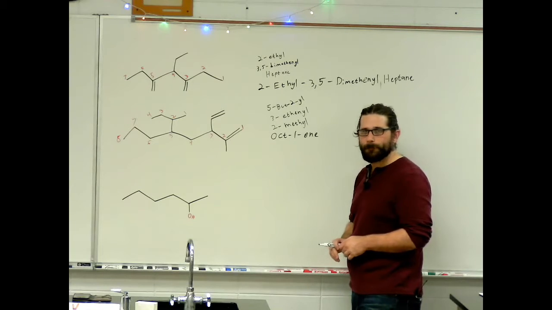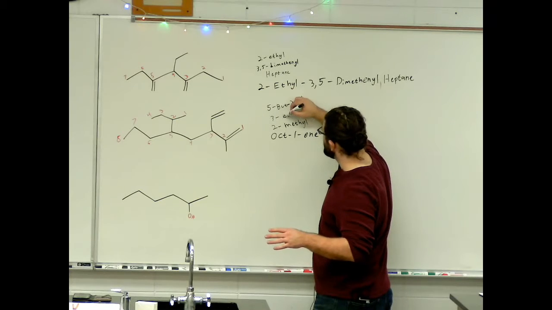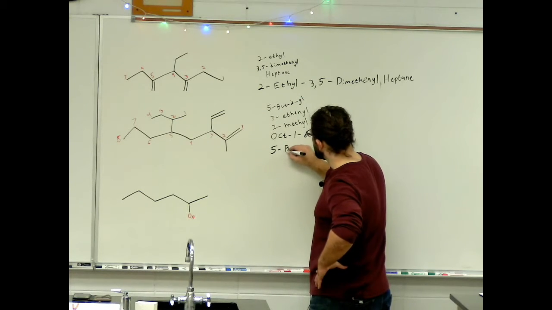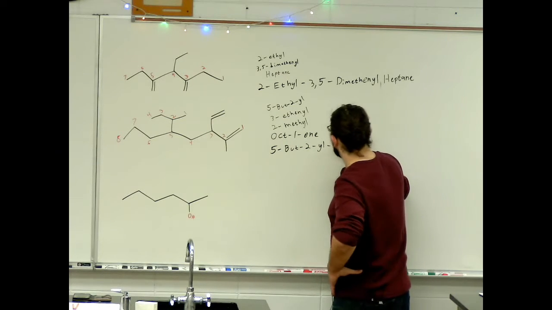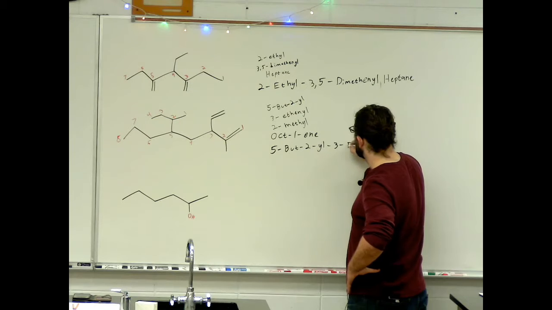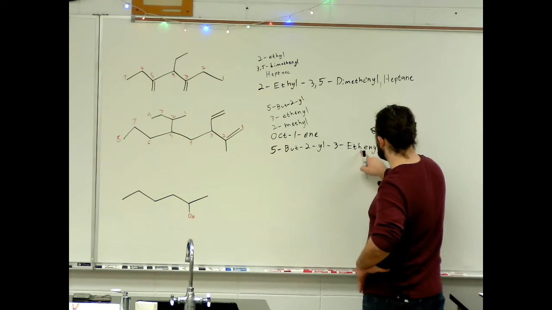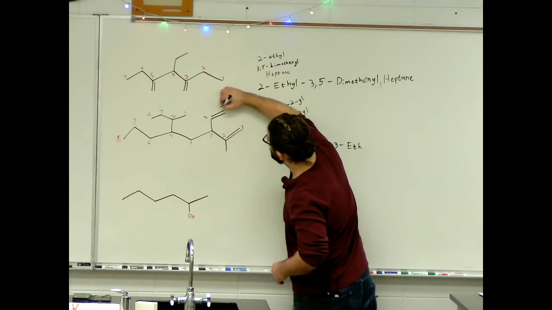Okay? So this, if I put everything in alphabetical order, B before E before M, I've got a 5-but-2-il, 3-eth-N-il, and I really should be numbering where that N is. That's going to be a 1, 2.